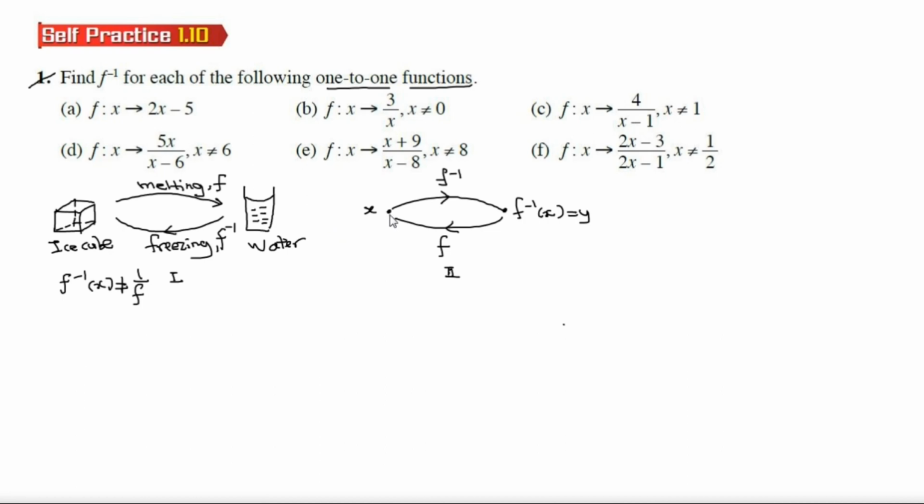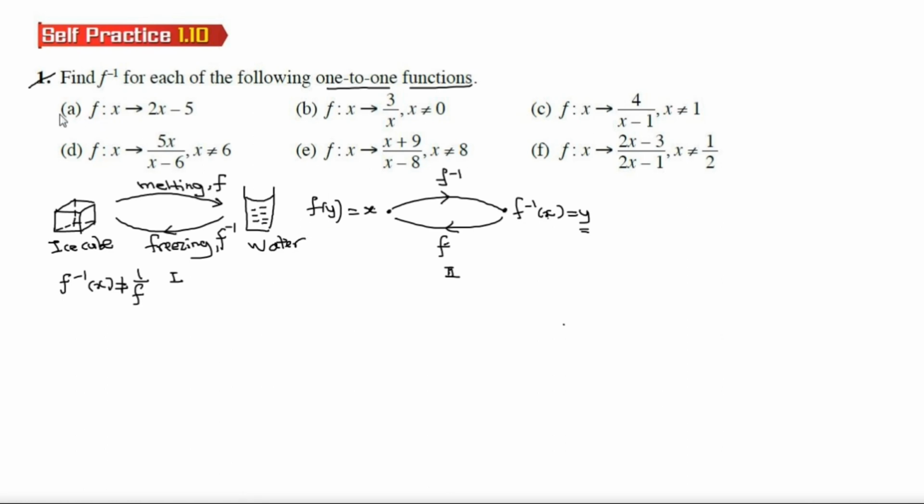Let's say we start from x, and then f inverse will map x to f inverse x. Then we assume f inverse x equals y. Then if you reverse the process, the function f will map y to f of x. That's how we start to find the inverse function.